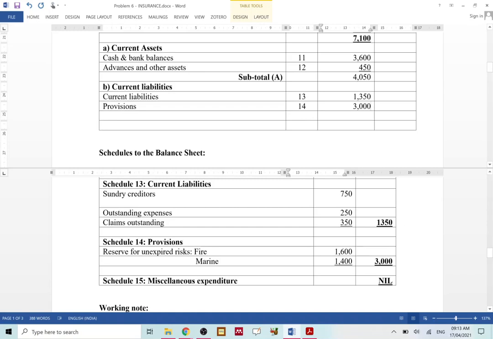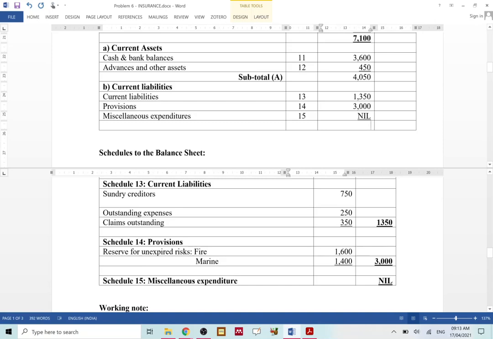This amount 3,000. Okay, so that was your two current liabilities. Again, underline schedule 15, we don't have anything. You may just write it actually, although no other amount is given, but just for the sake of those schedules. 15 nil.